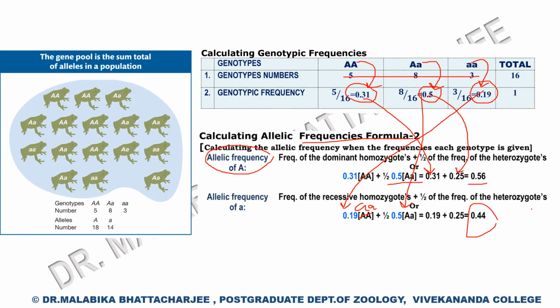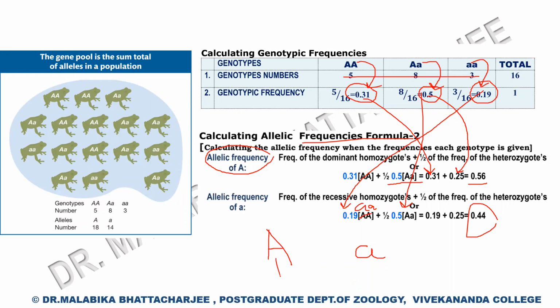Now, when we talk about mathematical calculations in population genetics, just keep in mind that we have a capital A, that is a dominant allele, and a small a, that is a recessive allele, for a given gene.